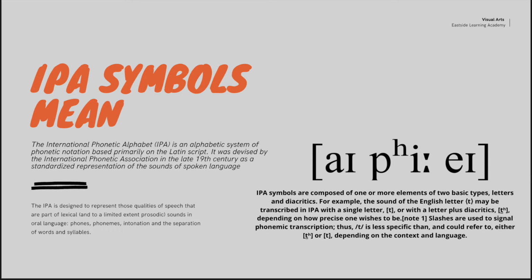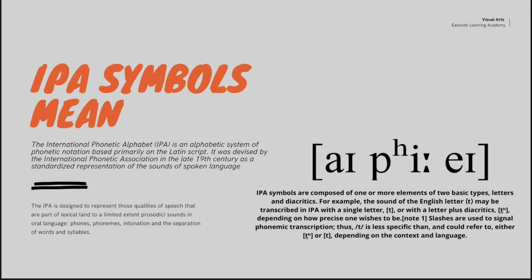IPA symbols. The International Phonetic Alphabet is an alphabetic system of phonetic notation based primarily on the Latin script. It was devised by the International Phonetic Association in the late 19th century as a standardized representation of the sound of spoken language.